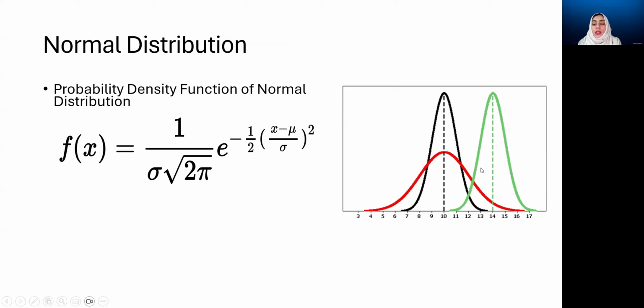So you see here, this distribution seems to have higher values because it is towards the right on the number line, and it ranges on values from 11 to 17. Whereas this black distribution is very similar to green, but it has a range of values from 7 to 13.